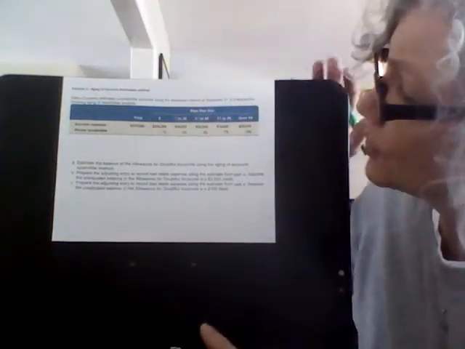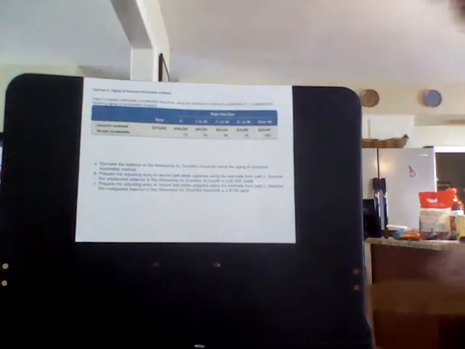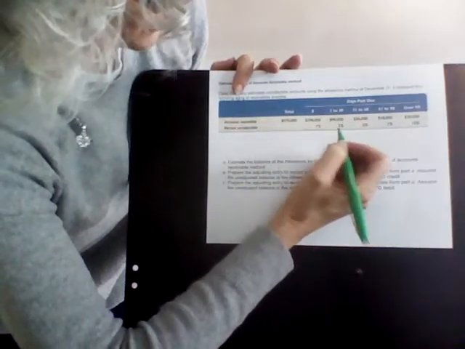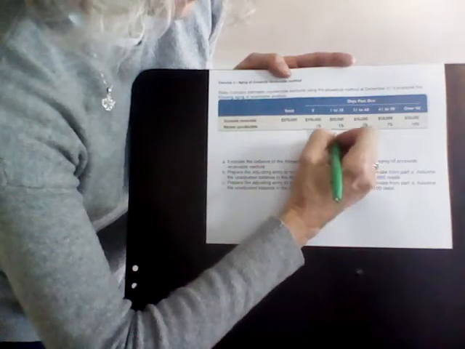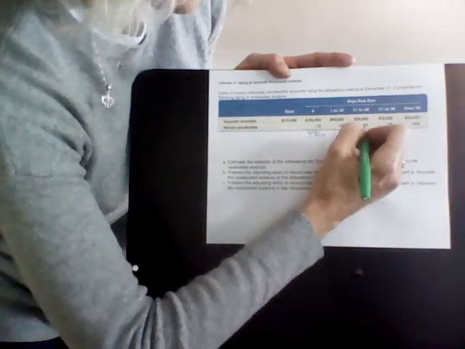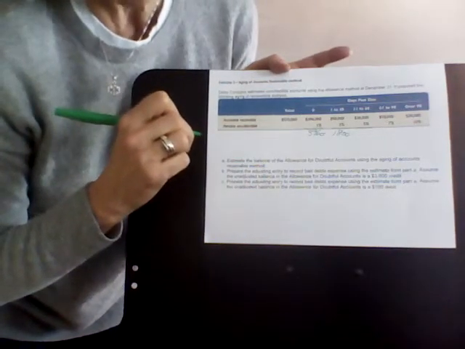So we've got 1% of 396,000. That's an easy one for us, 3960. I'm just taking 1% times 396,000 and getting 3960. Okay, the next category is 2% of 90,000. That would be 1800. The next older category is 36,000 times 5%.